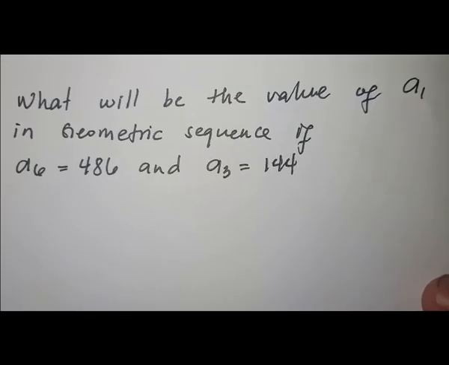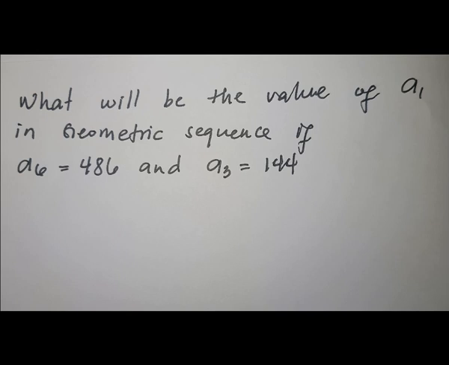Okay, so paano naman kaya if maka-encounter tayo ng ganitong klaseng problem? Okay, so basahin natin yung problem, no? What will be the value of a sub 1 in geometric sequence if a sub 6 is equal to 486 and a sub 3 is equal to 144? Ano kaya to?